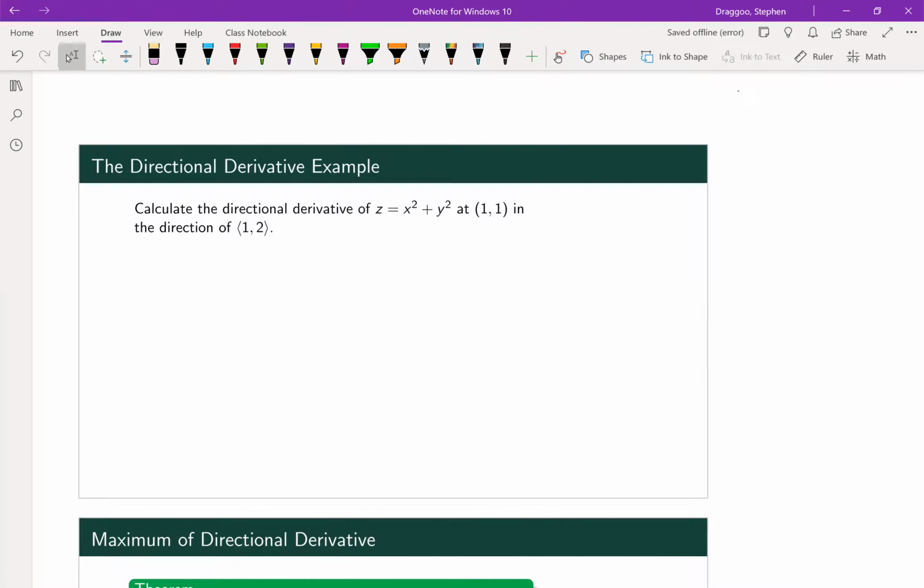So if we've got z equals x squared plus y squared, that means we can have z equals f of x, y.